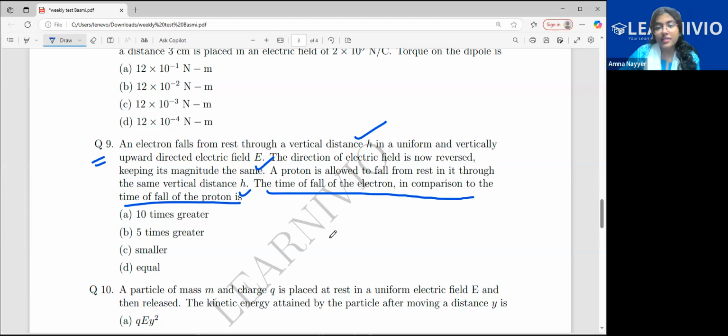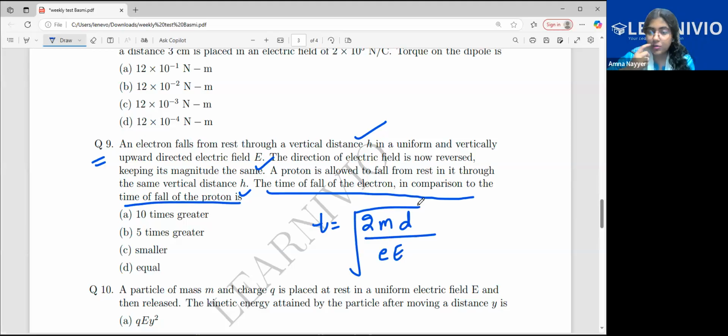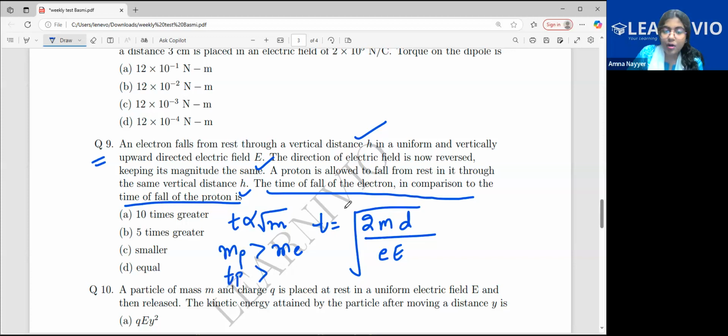Look, when you have the time, we calculated this as 2 into mass into distance divided by charge into electric field. This was what we were getting after our conclusion. So I also told you that time is directly proportional to root of mass. If mass of proton is greater than mass of electron, time of proton will also be greater than time of electron. So the time of fall of electron will be lesser, equal, 5 times greater, 10. You tell me what should be the answer now.